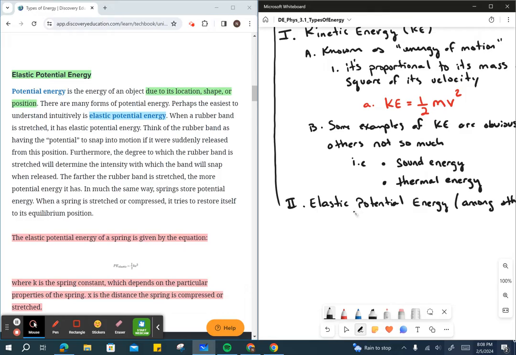So first off, let's just define potential energy. Potential energy is also known as the energy of position. Okay.